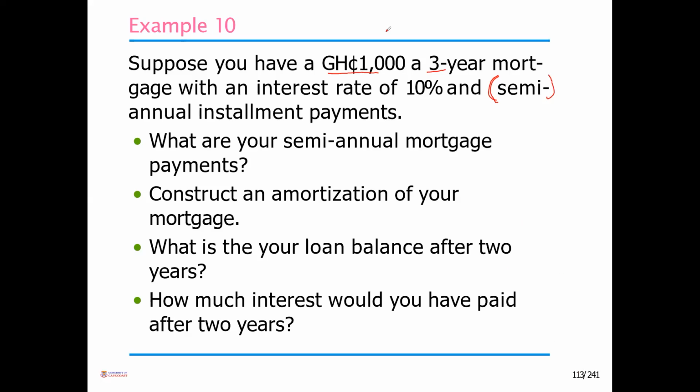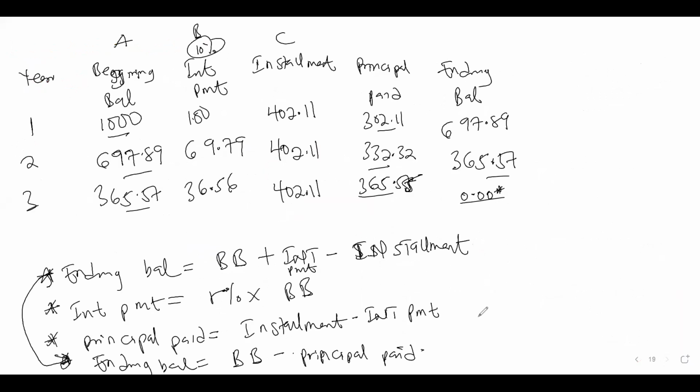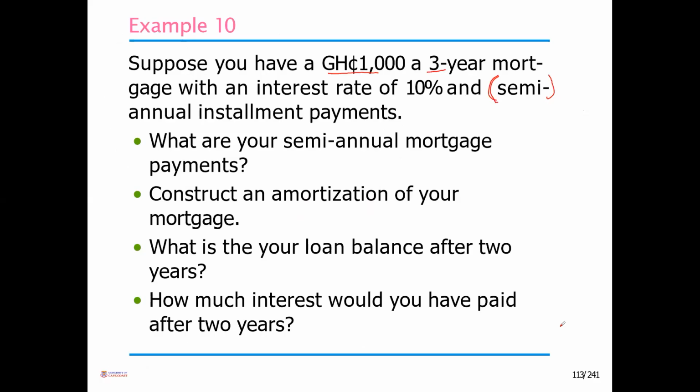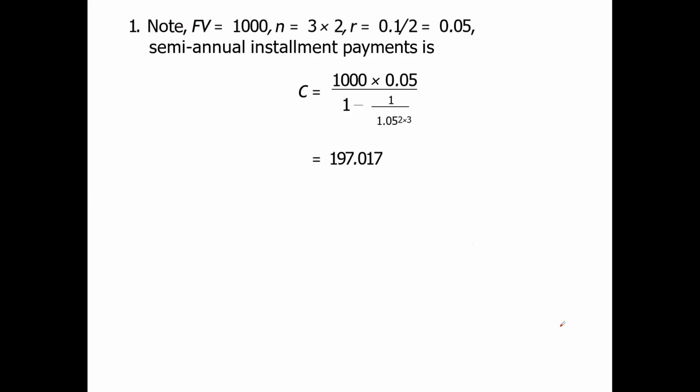So if it's compounding semi-annually, the implication is that wherever we see R, we divide by 2. Wherever we see N, we multiply by 2.